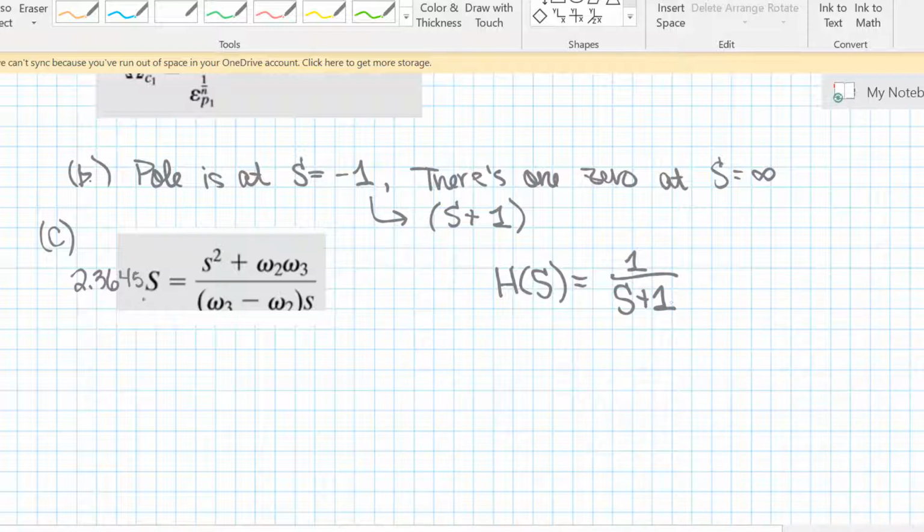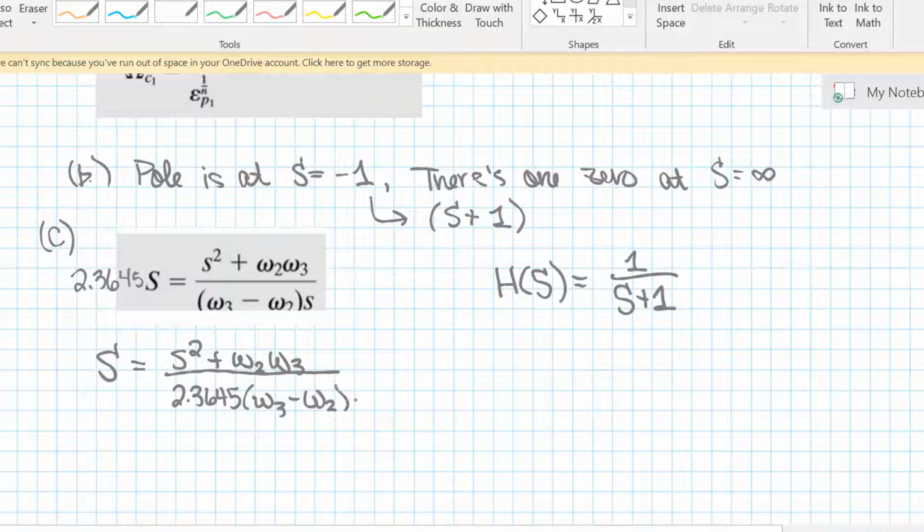But we want to solve for capital S and then plug that in and transform it into a function of little s. So really what we're going to do is capital S equals s squared plus omega 2 omega 3 over omega 3 minus omega 2 times s.